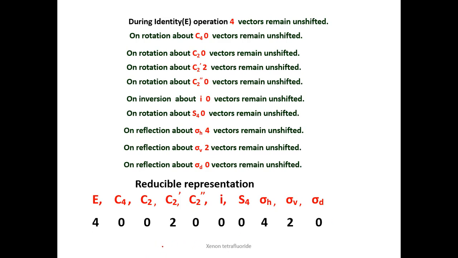So these numbers of unshifted vectors represent the characters of the reducible representation. This is the reducible representation, and these numbers 4 0 0 2 0 0 0 4 2 0 are known as the characters of the reducible representation.